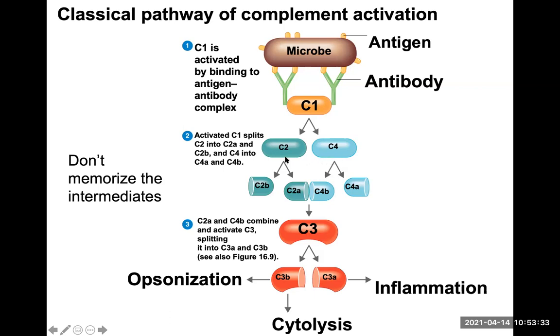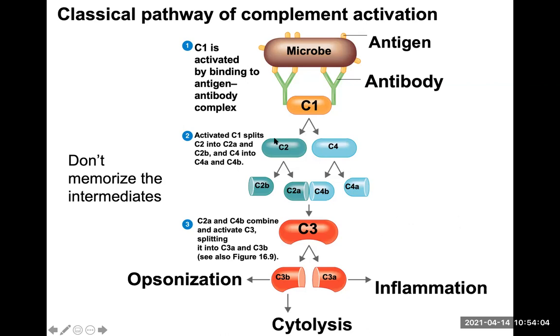And those will then split, and eventually those products will cause the C3 to split. And it's when C3 is split that you get increased phagocytosis, you get the formation of a special system that will cause direct killing, and you get an increase in inflammation. We'll look at these in a little bit more detail in a minute.